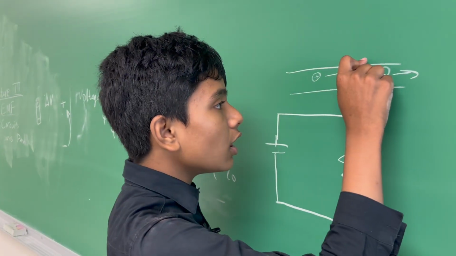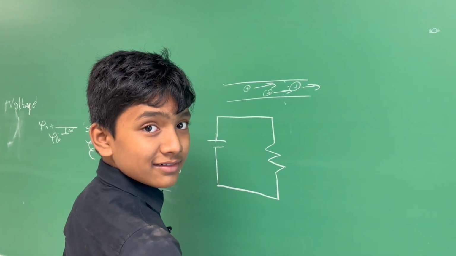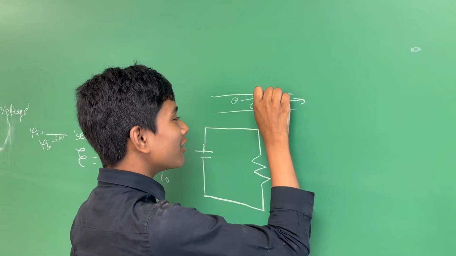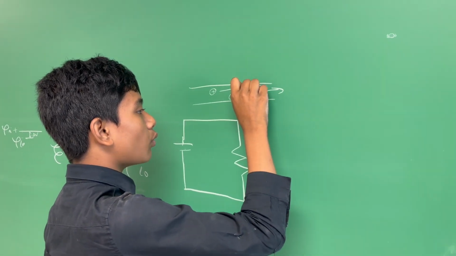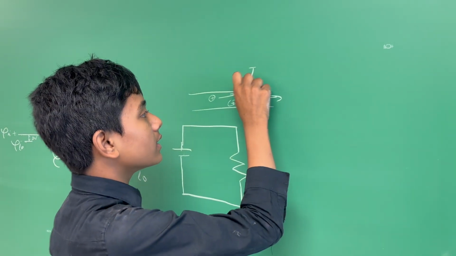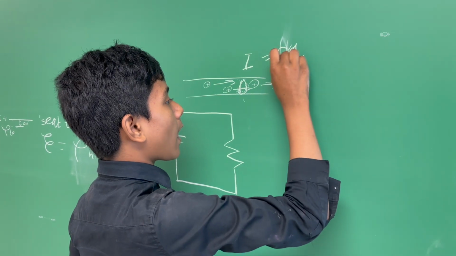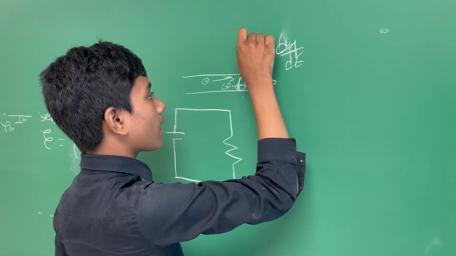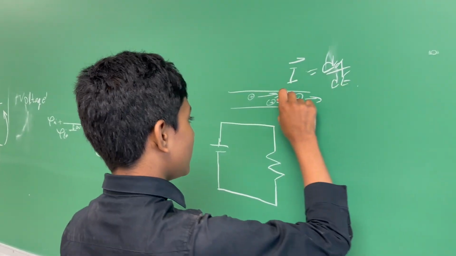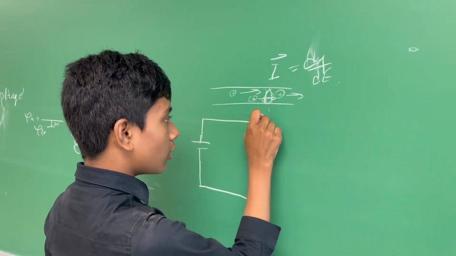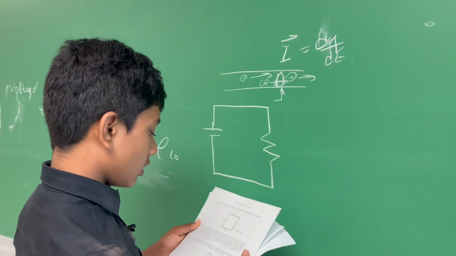And the flow of these particles through one point in the wire at any given point in time is what we call the current. So this is the current, dq dt. How much of this charge is going through this space in some differential time. Alright.